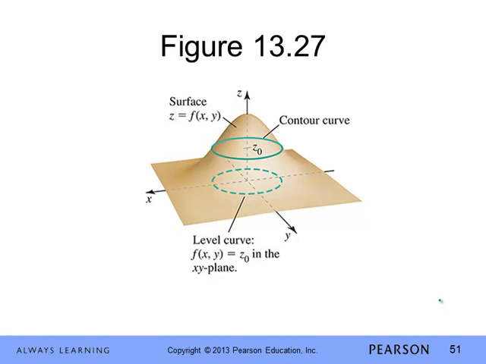So we may not have a really good sense of what the curve would look like in 3 dimensions, but if we set z to some different constant values, and figure out what those curves look like on the xy plane, then we can get some sense as to how that curve evolves over the plane.